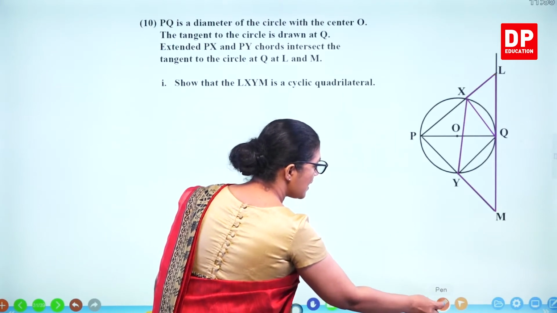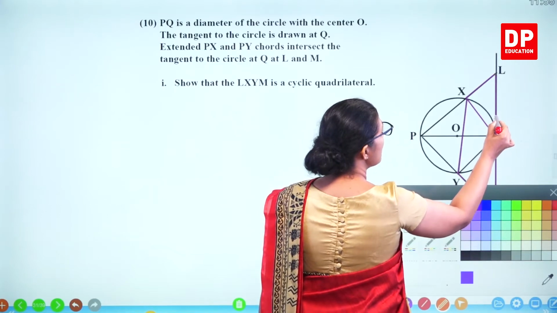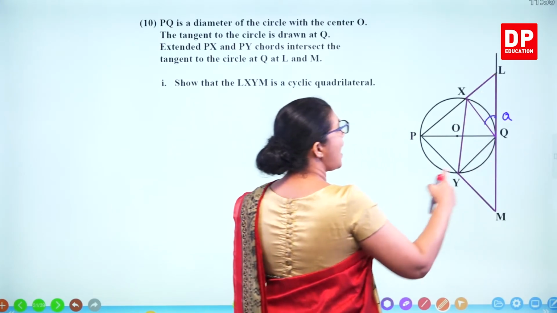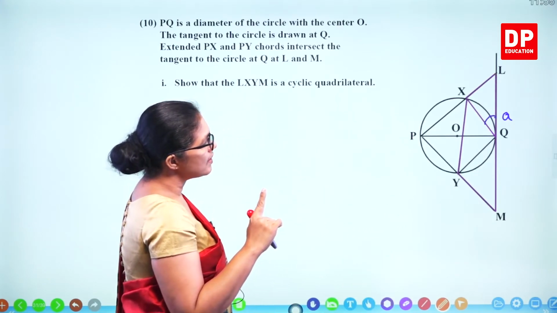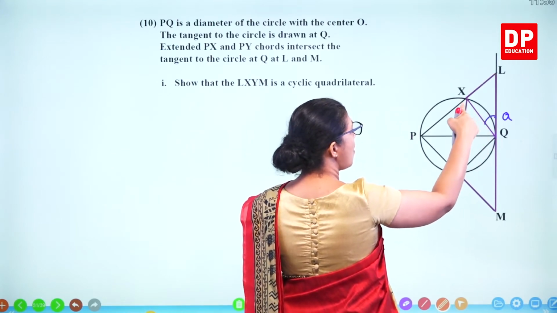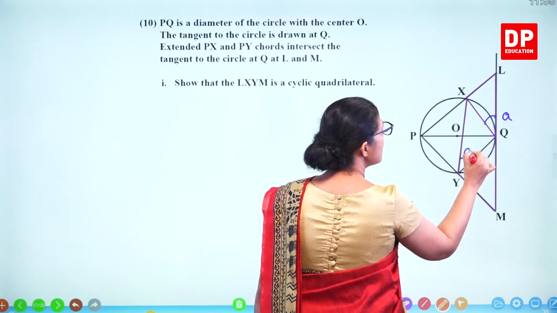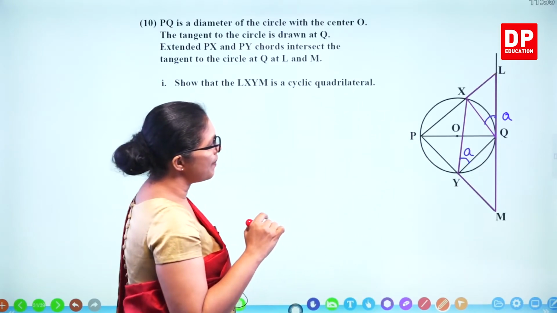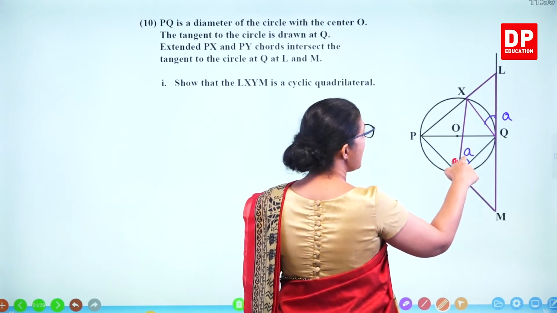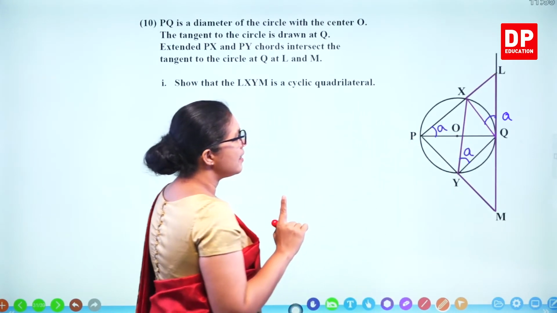So what is this angle? We'll take the tangent and the chord. What's that angle? It is equal to the opposite angle in the other segment, alternate segment theorem. So that's A. And also we know that if this is A, this is also A. Same segment angles are equal.